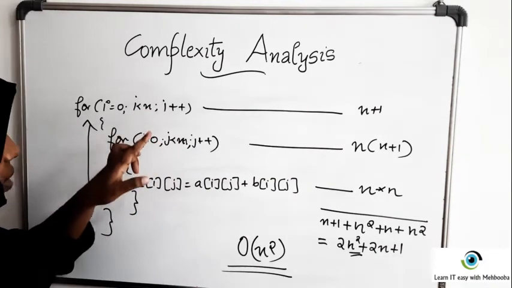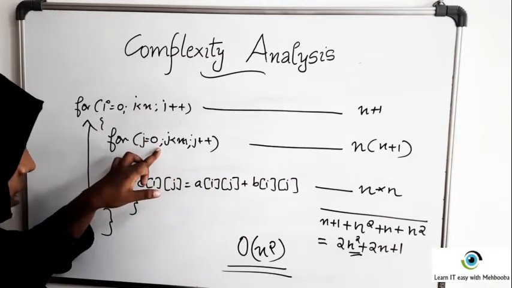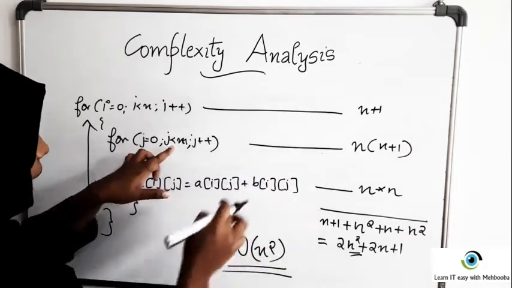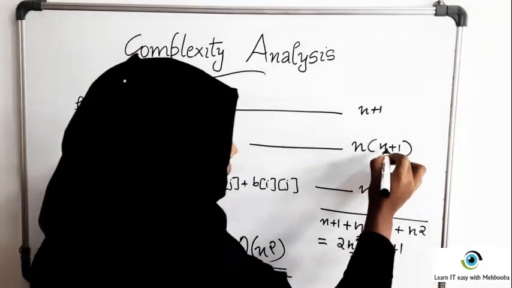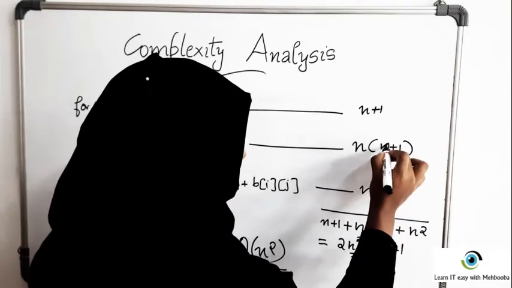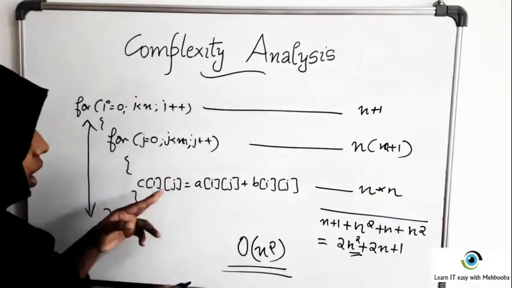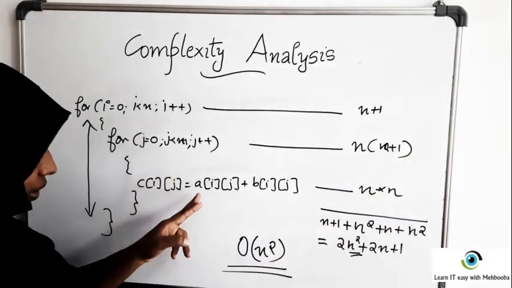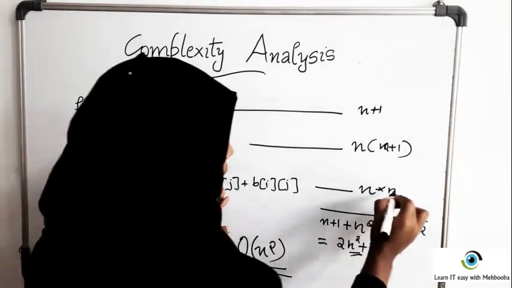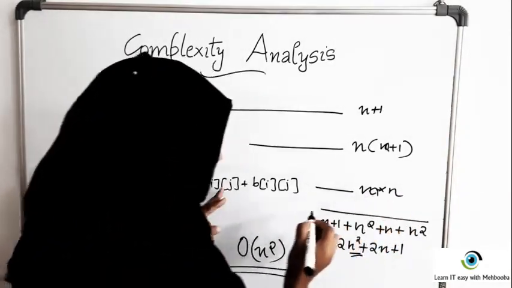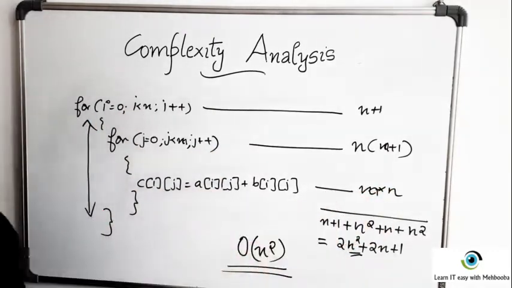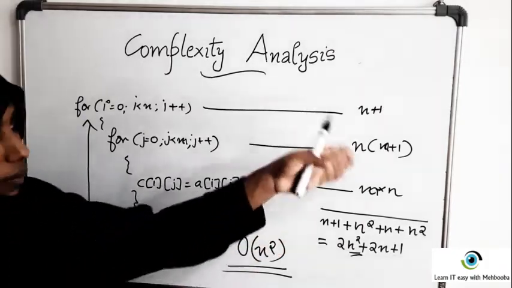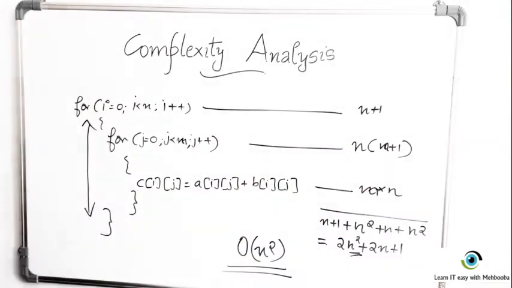Under the influence of this loop, this will be running n times, and as it is from 0 to m, this will be running m plus 1 times on its own, m plus 1 times. And under the influence of this loop, this code will be running n times, and under the influence of the main loop, it will run n times. And now you can calculate the total frequency count by summing up all this. Okay.